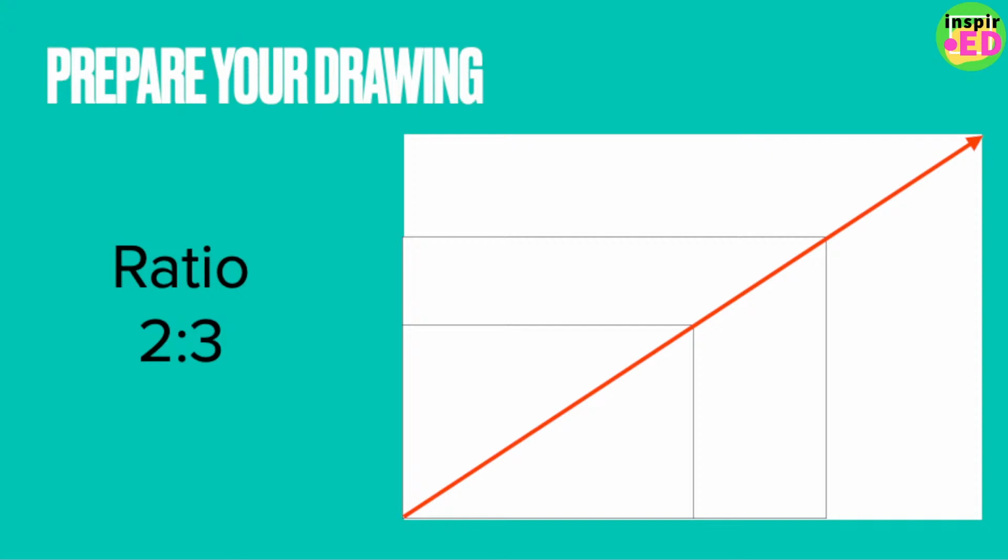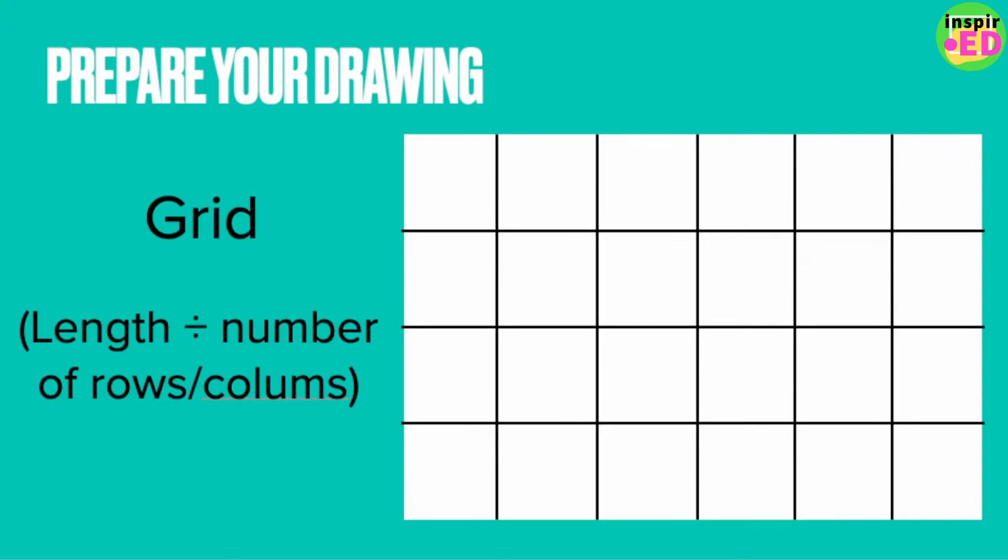You can cut it or you can just draw the lines, just so that you know where's the end of your picture. From there, it's the same thing again. The grid is length divided by number of rows and columns. So in this case, the numbers are different.